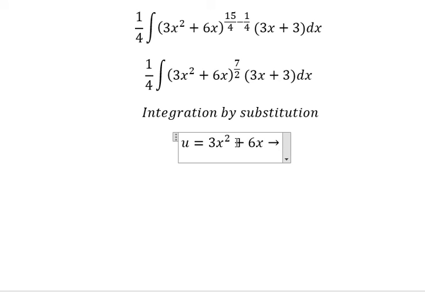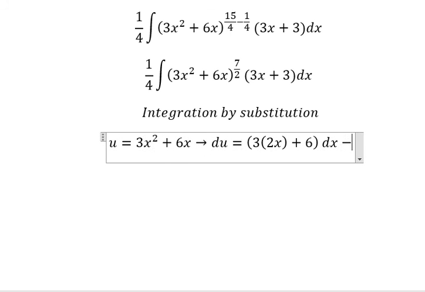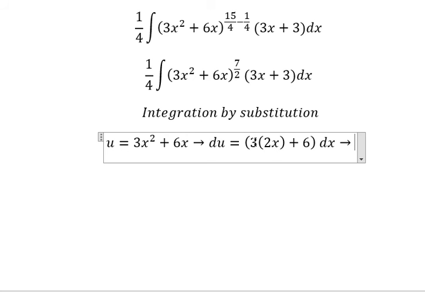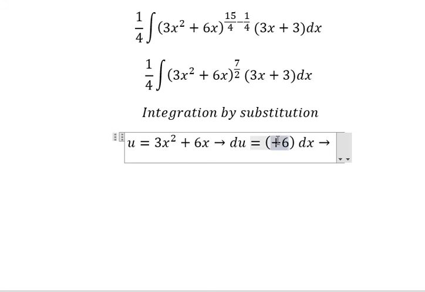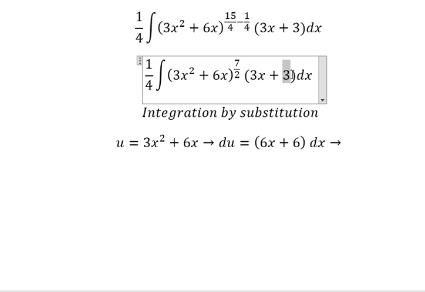Later we do first the derivative for both sides, and we have number 3 multiplied by 2x plus 6 dx. So this one we have 6x. This one we have 3x and number 3.